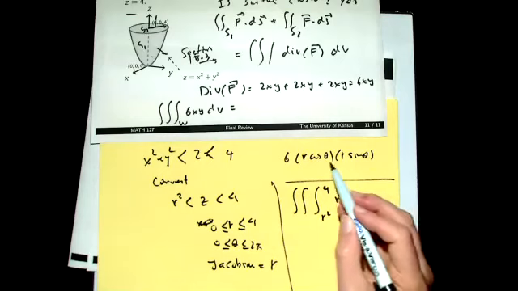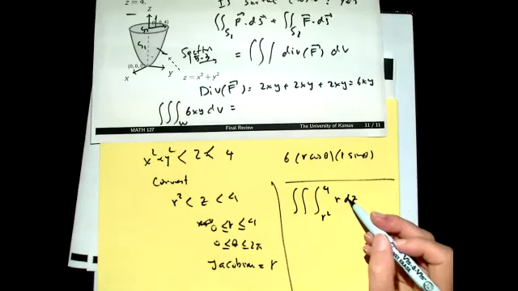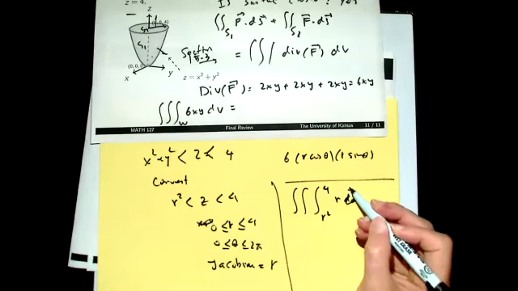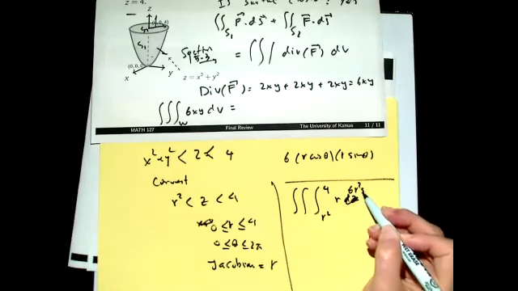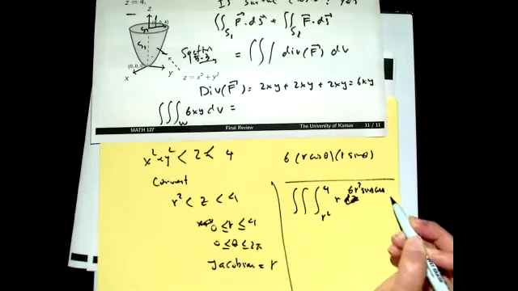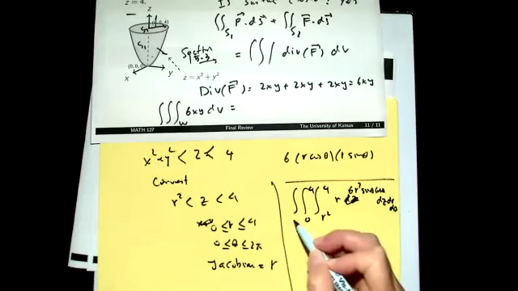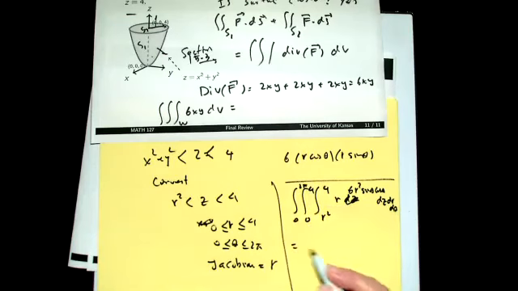There's an r here. Oops, sorry. Kind of messed up. Let's write it this way: 6r squared sine theta cosine theta dz dr d theta. dr runs from 0 to 4, and theta from 0 to 2 pi.